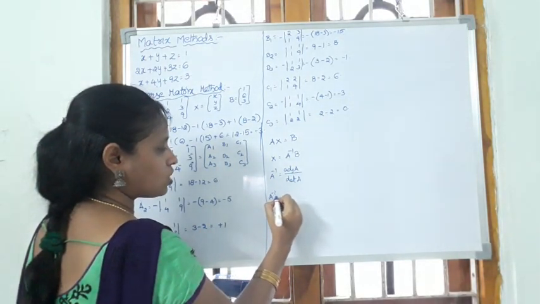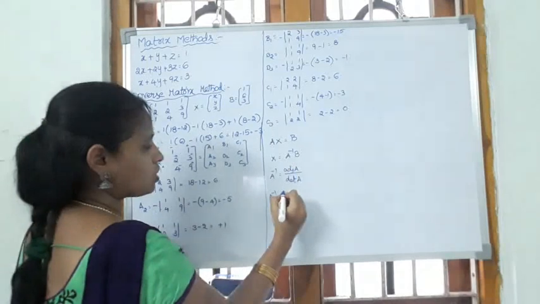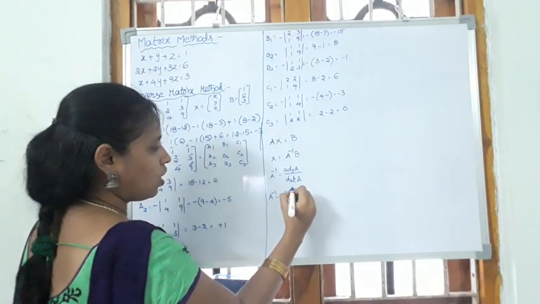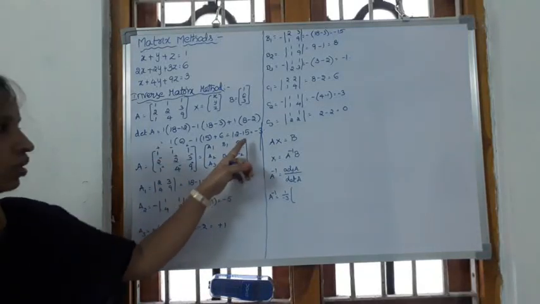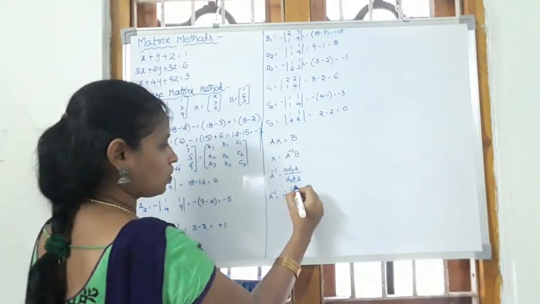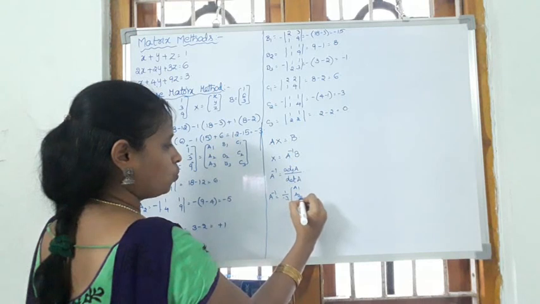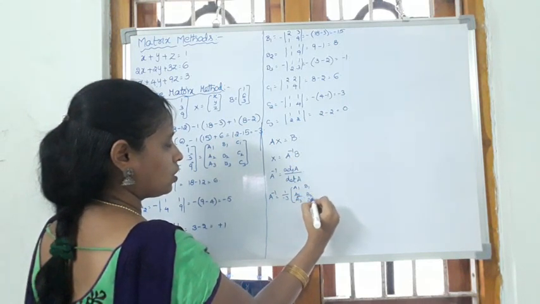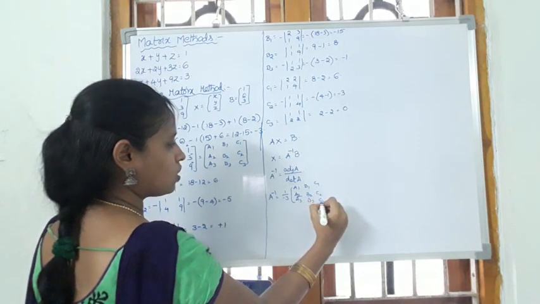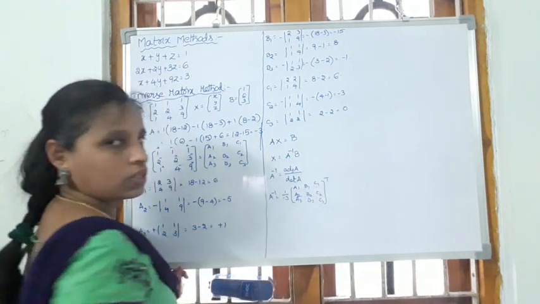So A inverse is equals to, determinant A is minus 3, 1 by minus 3 of, adjoint A is nothing but this one, transpose. A1, A2, A3, B1, B2, B3, C1, C2, C3, transpose.